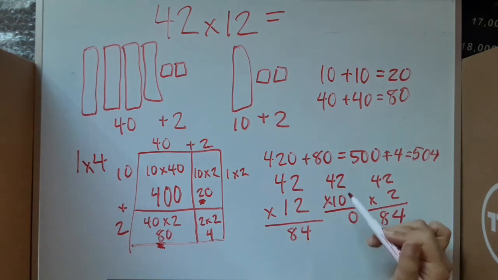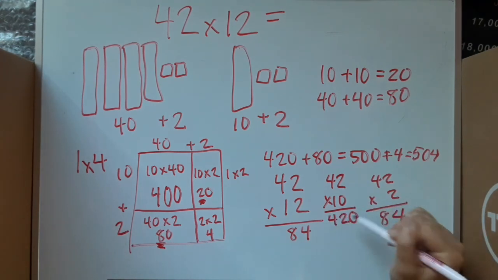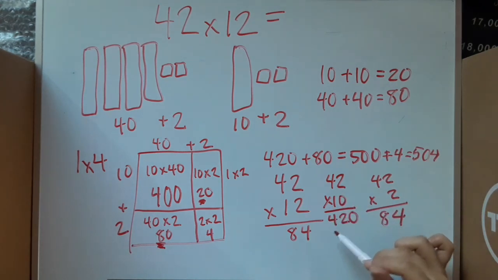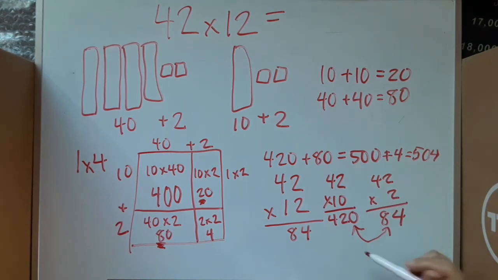So 42 times 1 equals 42. And we know that 42 times 10 is 420. We can now combine these two to get our answer, which is 504.